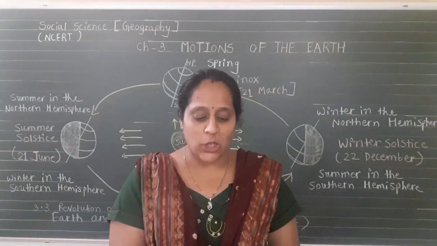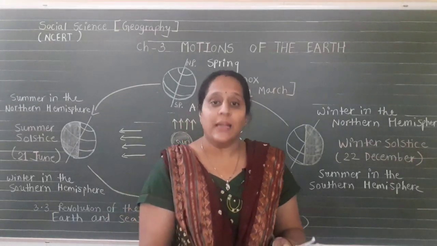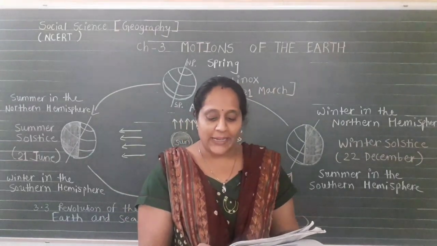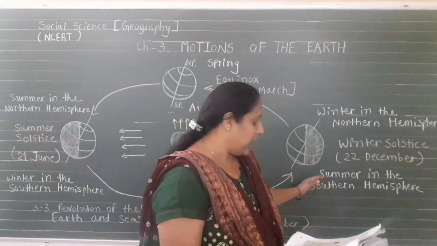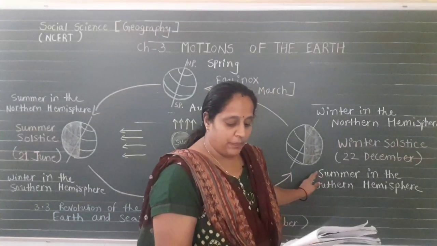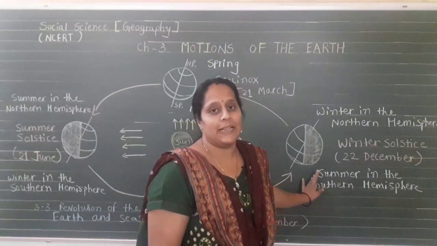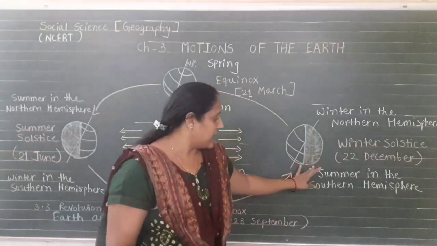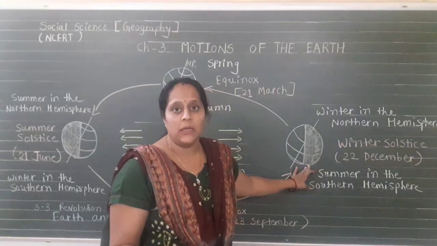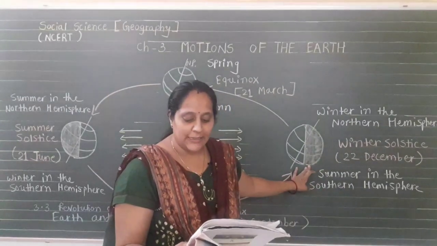A larger portion of the southern hemisphere gets light, therefore it is summer in the southern hemisphere, and you observe there longer days and shorter nights. In the summer season at that time they feel longer days and shorter nights.